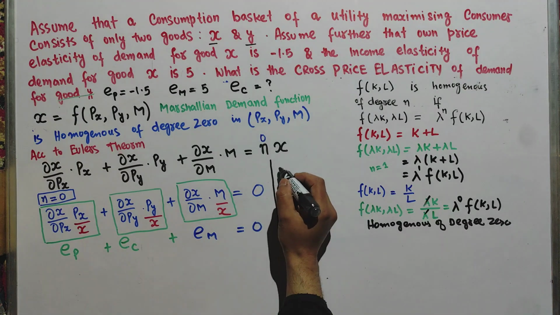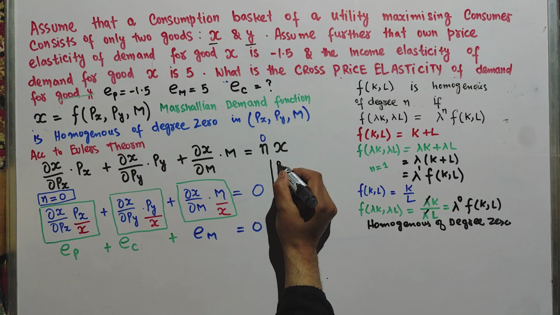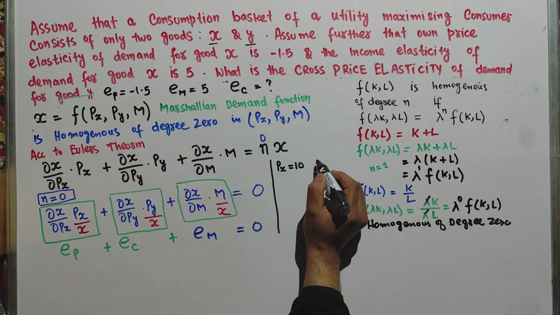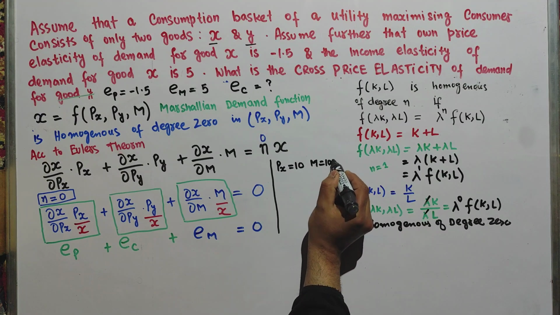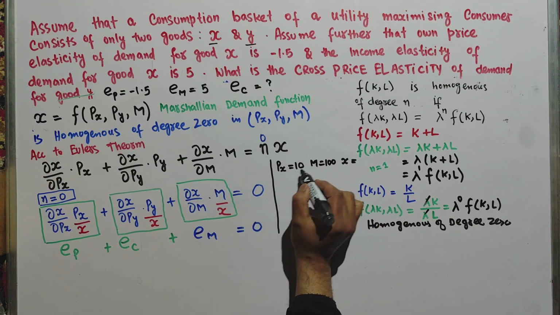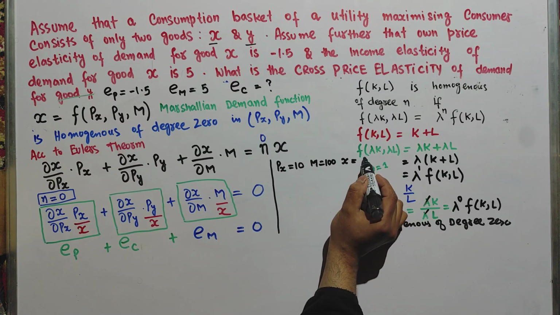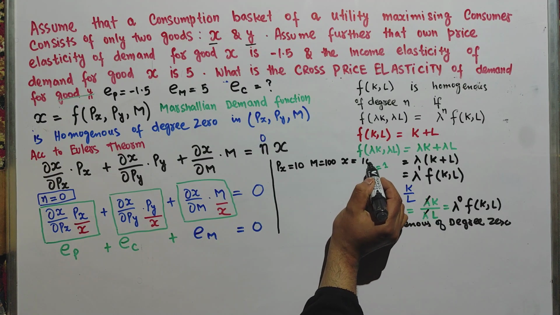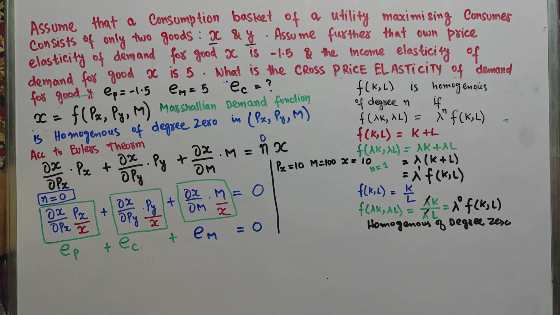Let us say the price of good x was $10, and the income of the consumer was $100, and demand for good x, that is income upon price, 100 upon 10, let us say 10 units were demanded.